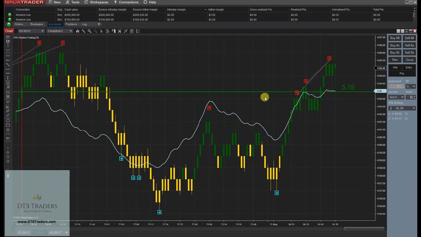This green line will show from when the price is at zero. From 0 and above it will be green, and below 0 it will go red. That just shows you the current momentum of the market and who's in control.